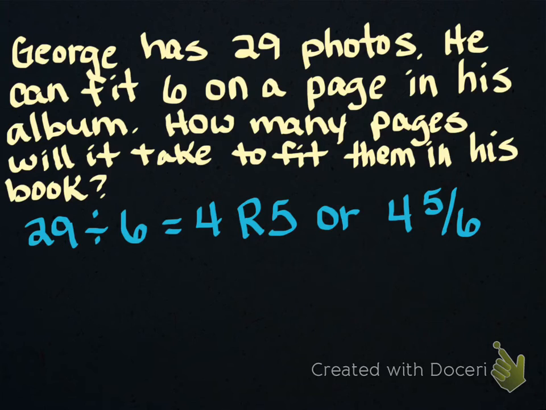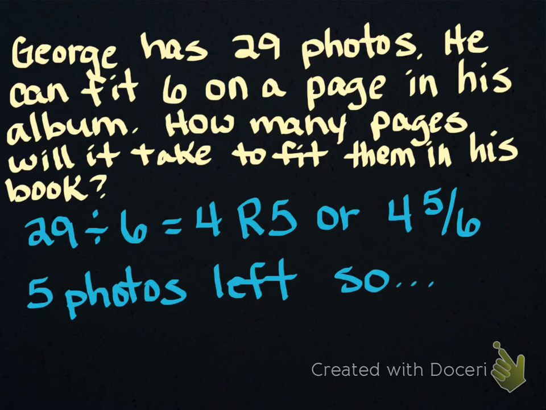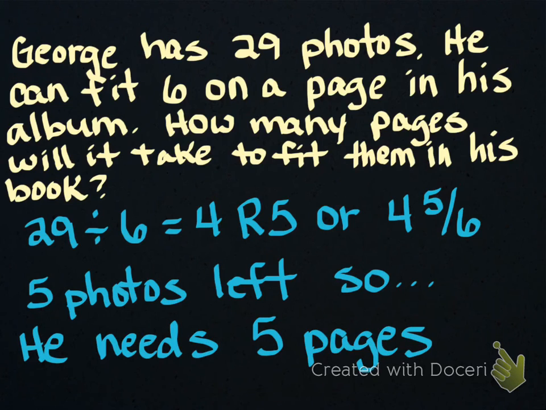And we're going to actually get 4 with a remainder of 5, or 4 5/6 as our answer. Now, that means that we have 5 photos left. So what do we do about those 5 photos? In this particular instance, we actually have to round up because we have to place those photos somewhere. So he's actually going to need 5 pages.